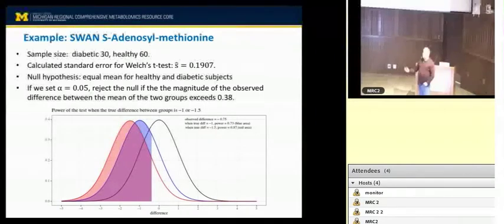The difference may be tiny, and as I told you, if you have very, very large sample sizes, you are able to detect a lot of things. It doesn't mean that they're really important from the subject matter's perspective.